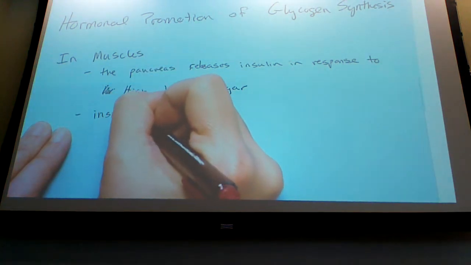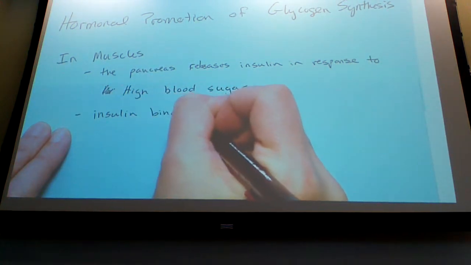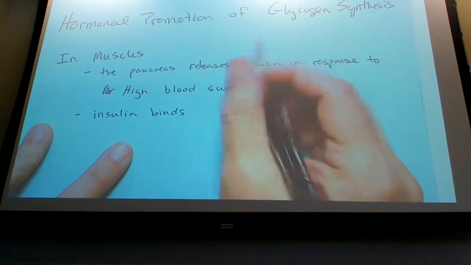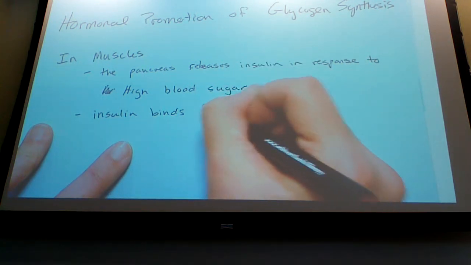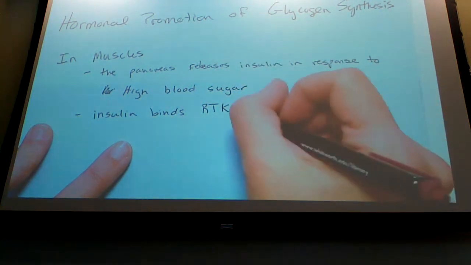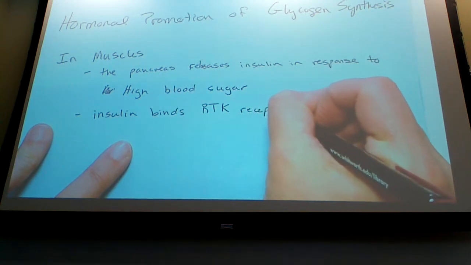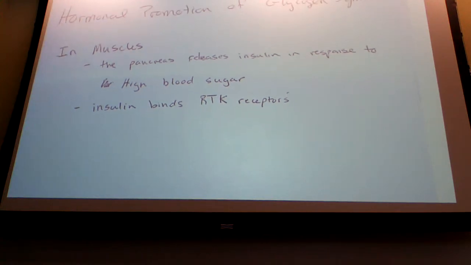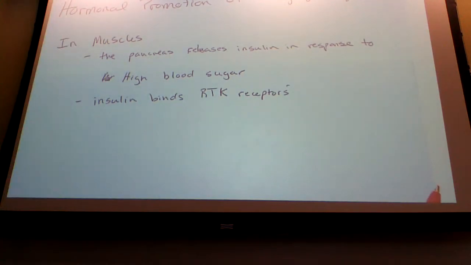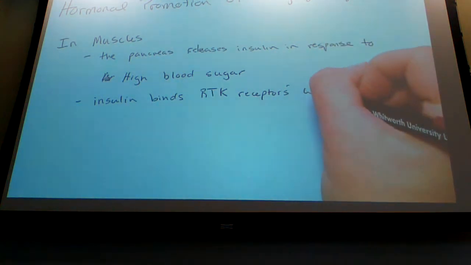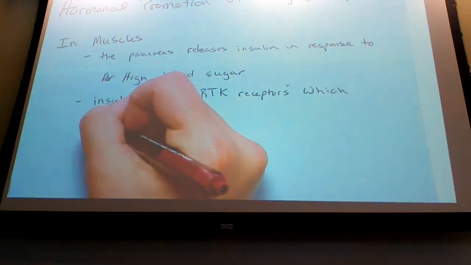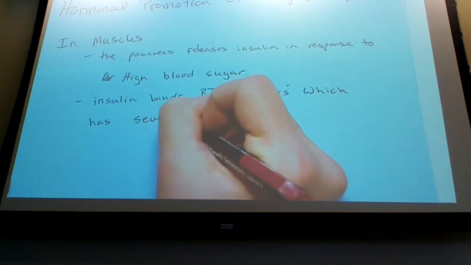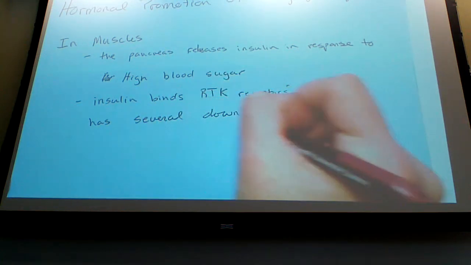Insulin binds receptor tyrosine kinases, which has several downstream effects.